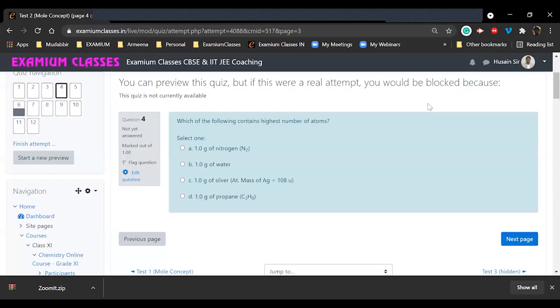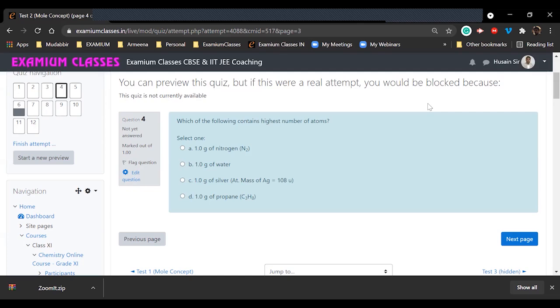So that can be a candidate even though C3H8 has high molecular mass, because one molecule has a lot of atoms. So 1 gram of nitrogen will be 1 divided by 14 into Na atoms.